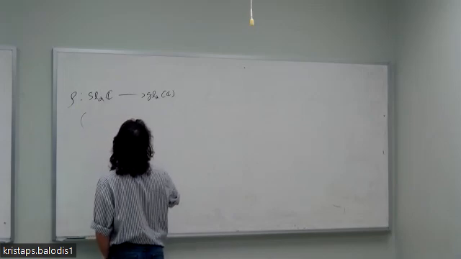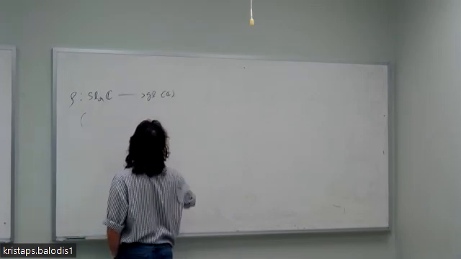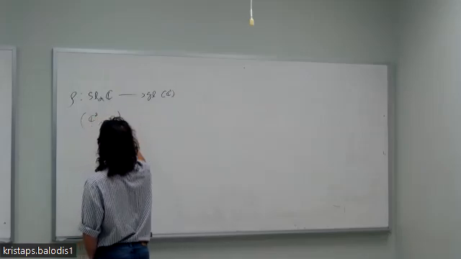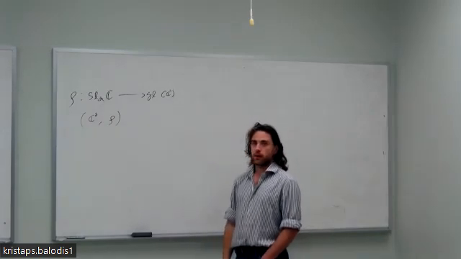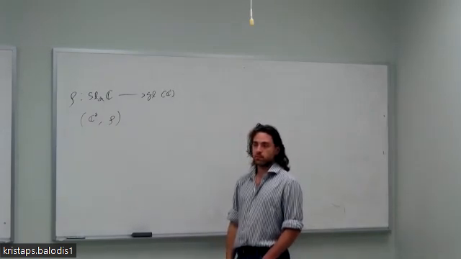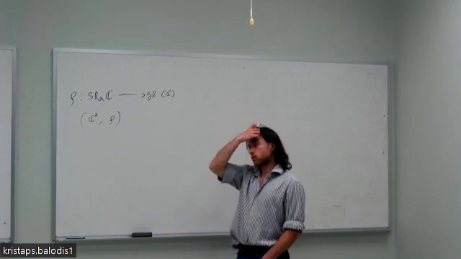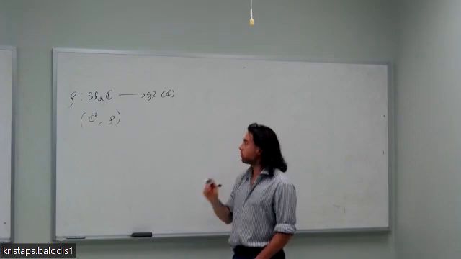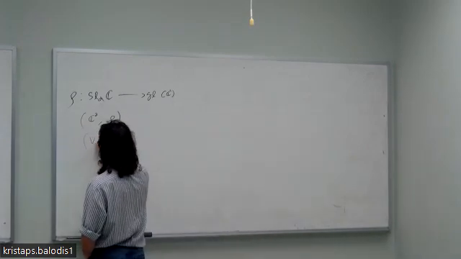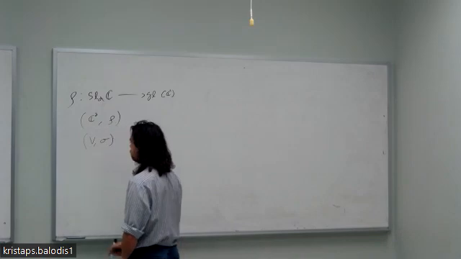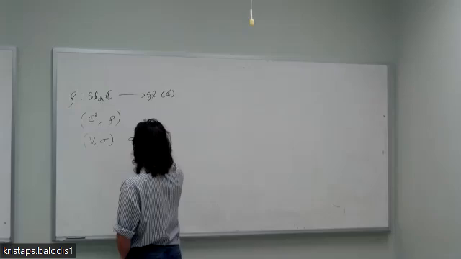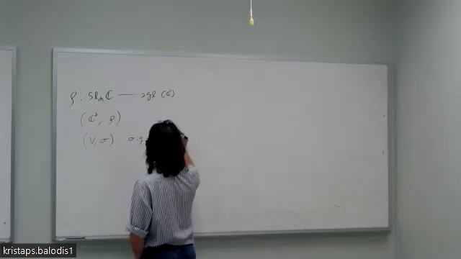In this case, the underlying vector space is C2. So what's a sub-representation? We write the representation as V, sigma, where sigma is a map from G to GLV.